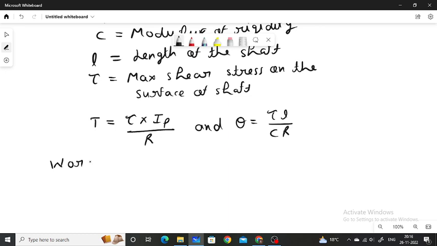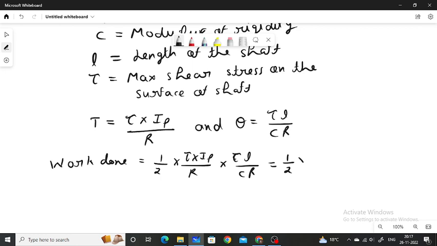So the work done will be equal to 1 by 2 tau into Ip upon R into tau into L upon CR, equal to 1 by 2 tau square upon C, Ip into L upon R square.